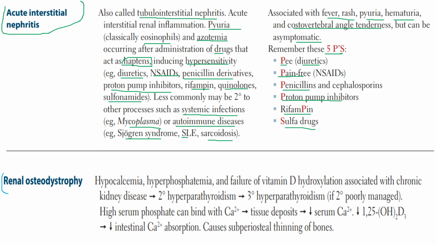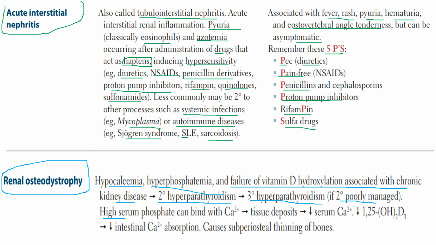Renal osteodystrophy: hypocalcemia, hyperphosphatemia, and failure of renal vitamin D hydroxylation associated with chronic kidney disease. It leads to secondary hyperparathyroidism, which leads to tertiary hyperparathyroidism if secondary is poorly managed.